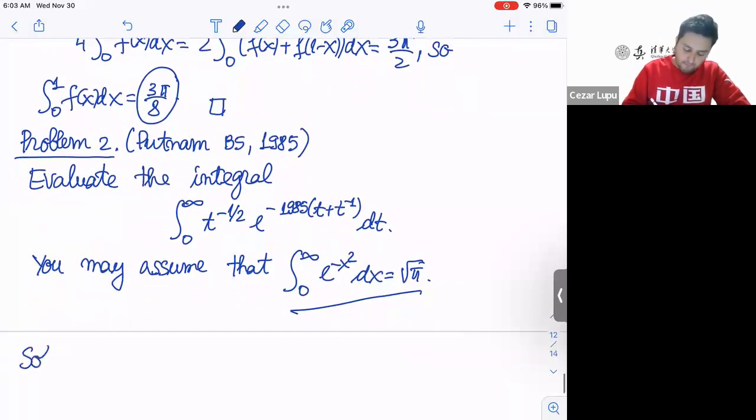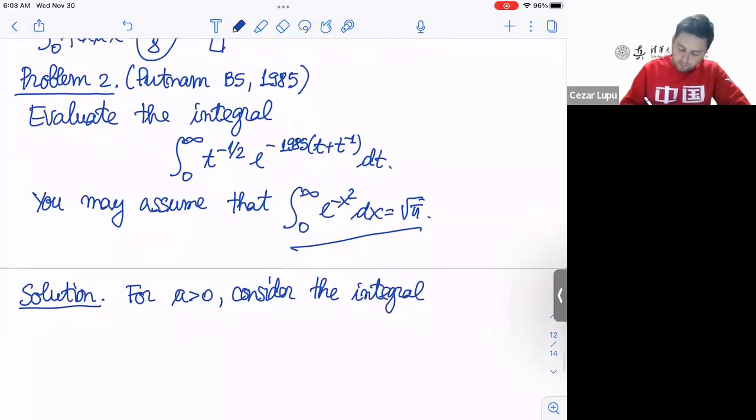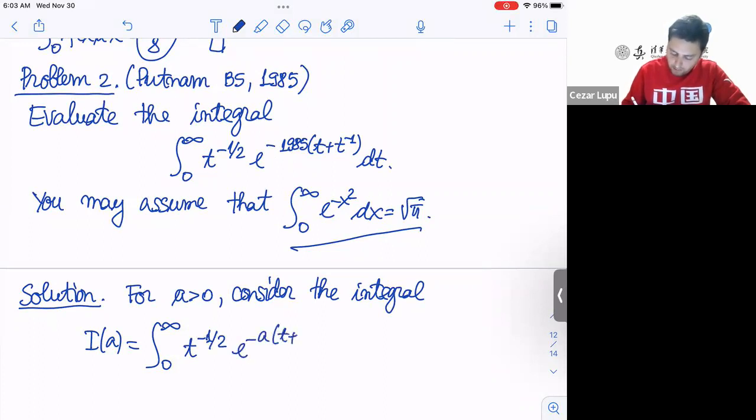So for a positive constant a, consider the integral I of a, which is the integral from 0 to infinity of t to the negative 1/2 e to the negative a times t plus t to the negative 1 dt.